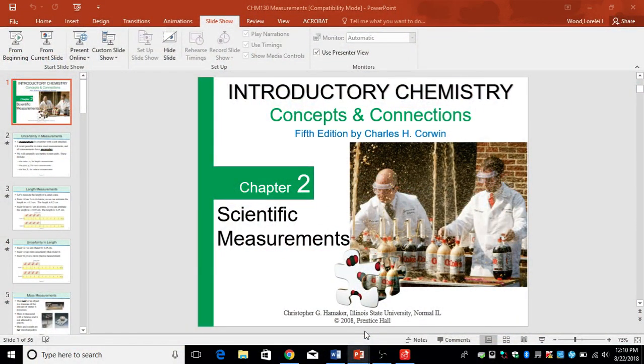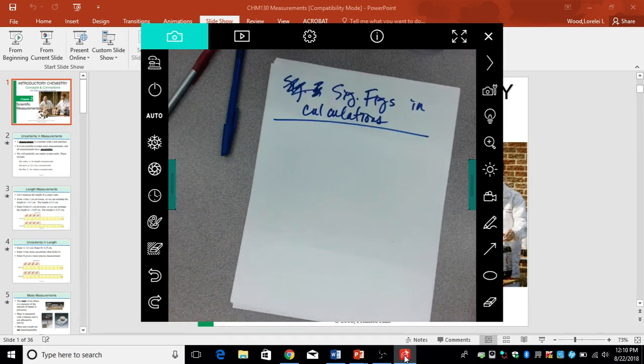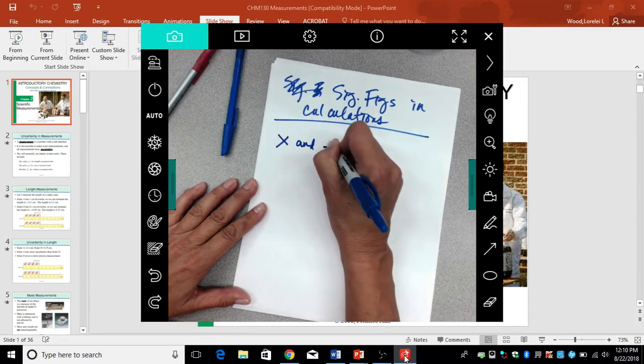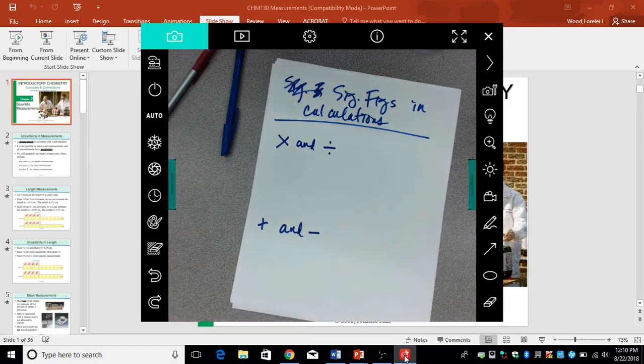There it goes. Okay. All right, before we go on, I want to do sig figs in calculations. So you should have somewhere in your notes sig figs in calculations, and we're going to talk about the rules. There's 2 sets of rules, one for multiply and divide, and one for add and subtract. So what you should put on your paper is 2 headings right now. Sig figs: multiply and divide, and add and subtract. All right, so 2 headings, 2 different sets of rules.